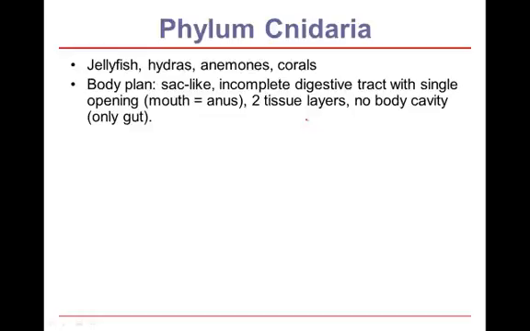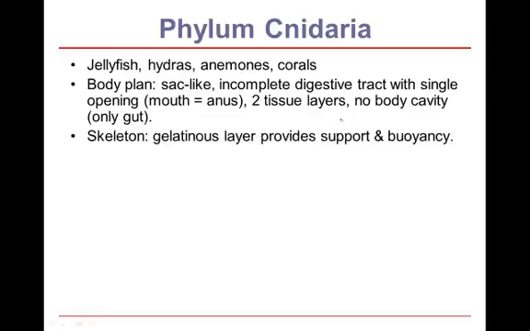And they have no body cavity. In fact, what sometimes fills their body is gelatin or jelly, as in the jellyfish. So the skeleton, they don't really have one except for the gelatinous layer that can provide both support and buoyancy.